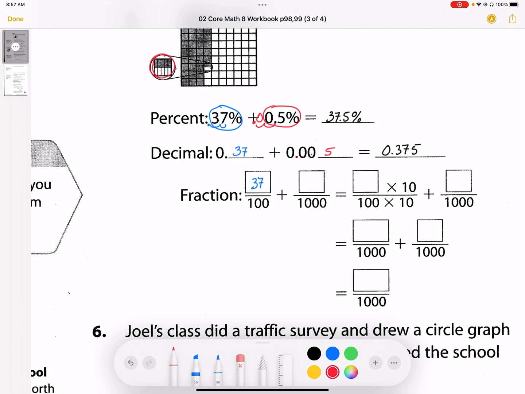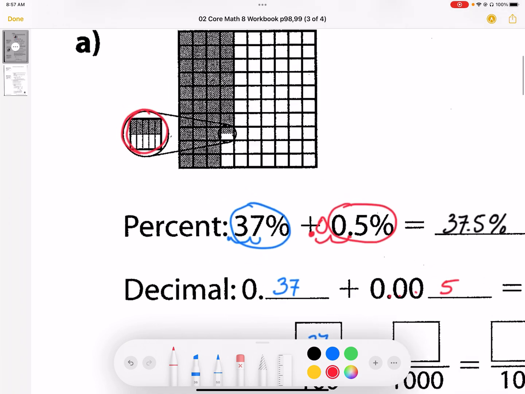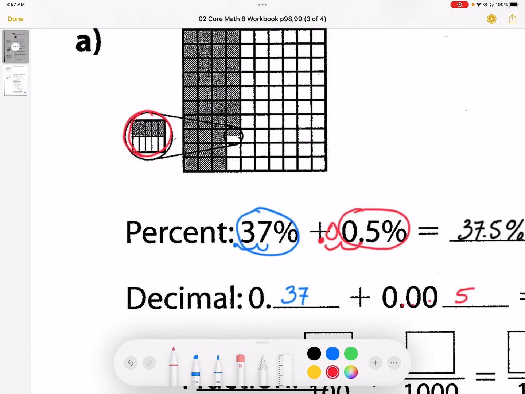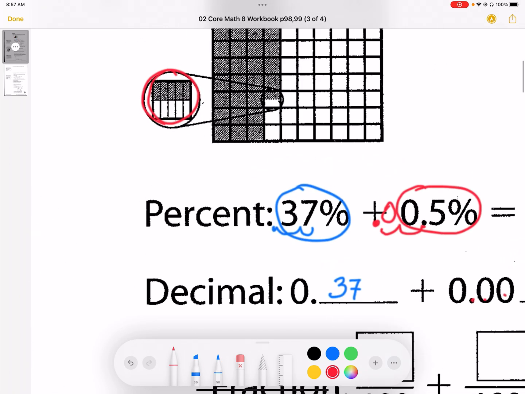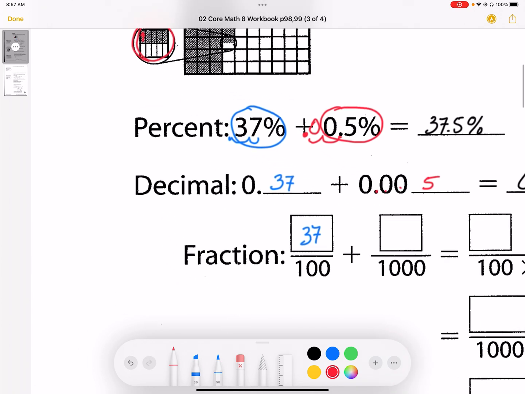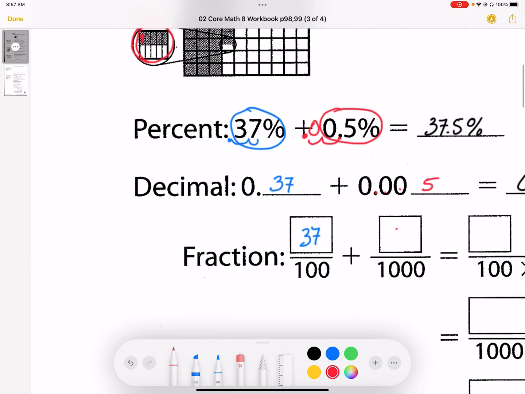For 0.5%, if we have to divide all those squares into 10, we're going to have 10 groups of 100, that is 1,000. So each one of these little shaded pieces here is going to be 1 out of 1,000. So we have 5 out of 1,000. That's why the denominator is 1,000 here.